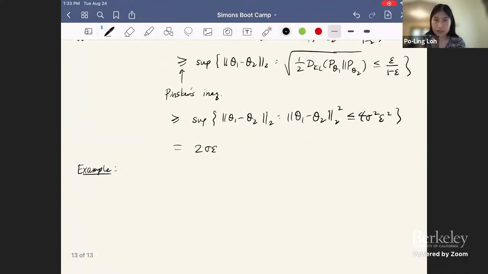Okay, so the second example is covariance matrix estimation. For this example, remember, xi is distributed IID as normal 0, sigma.